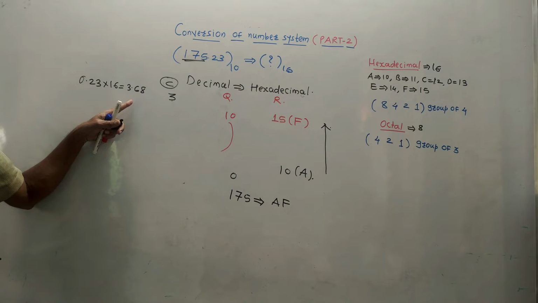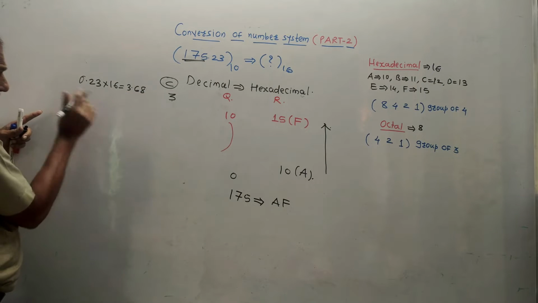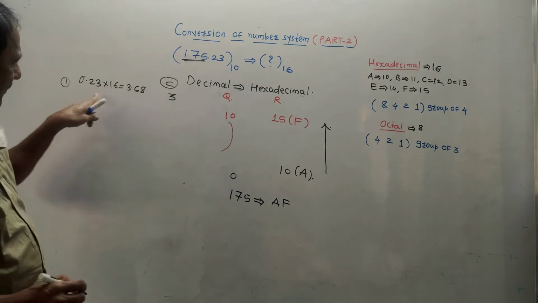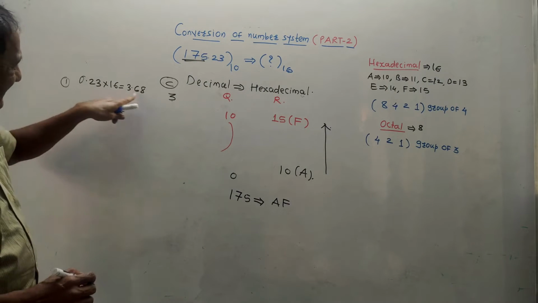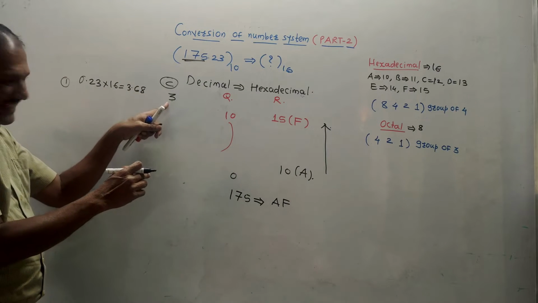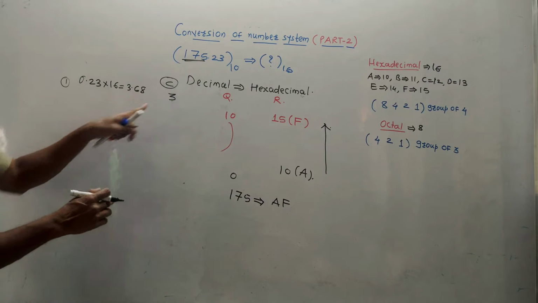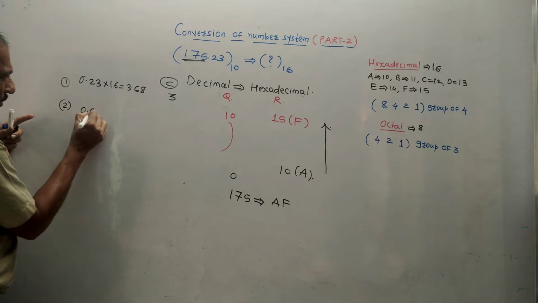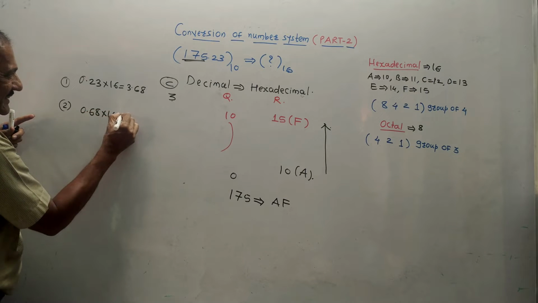Now, next part. Consider only the fractional part. This is the first step. I took this decimal number, 0.23, multiplied by 16. The answer is 3.68. Whatever integer part is there, I have written it below the carry column. So carry is 3. Now second step. Consider this fractional part, which is 0.68, again multiplied by 16.